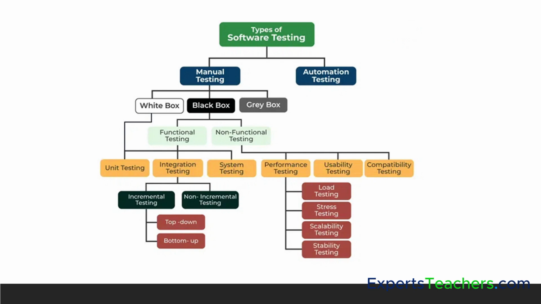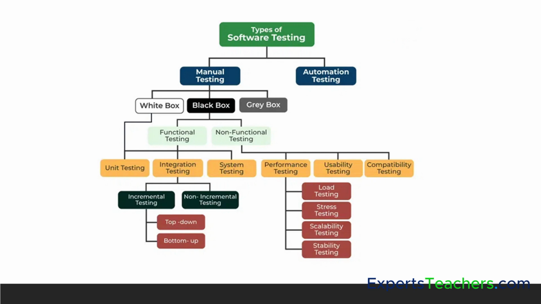He writes some code or test scripts in the software tool, and sometimes he needs to check whether the code is fine or not. So this is gray box, because sometimes he needs to test through the application and sometimes he needs to check the coding.